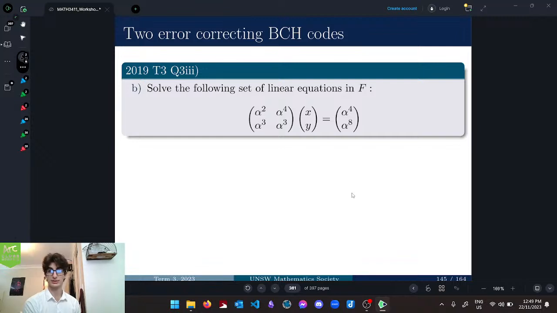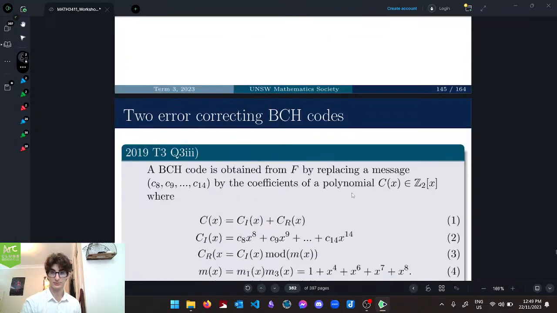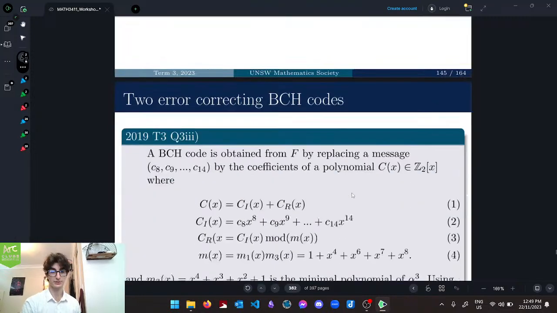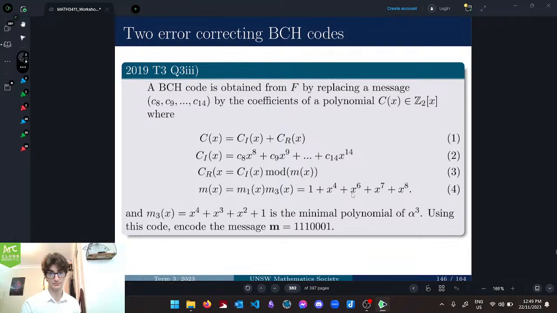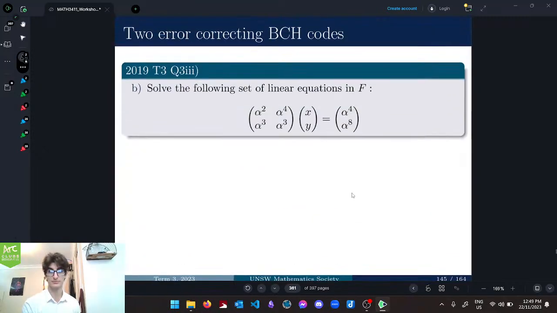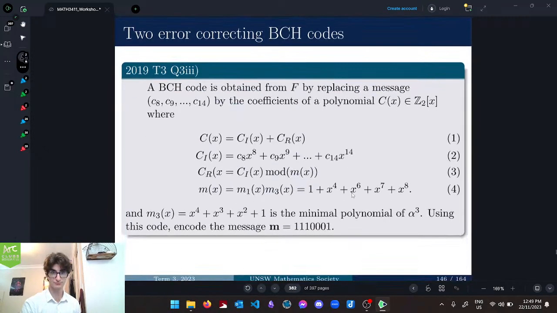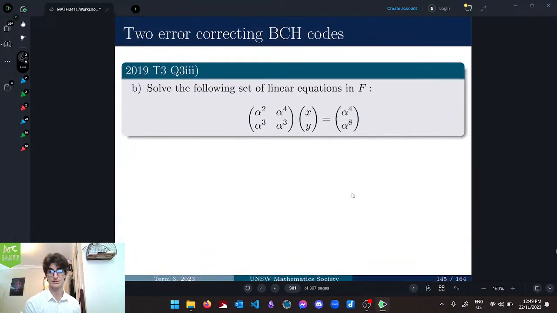Now, let's have a look at solving a set of linear equations in our field. So what we're able to do now, okay, we'll have to go through this because this is the same problem. So we'll treat this like row reduction.